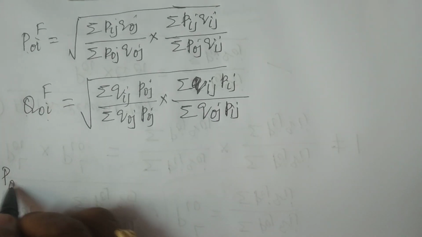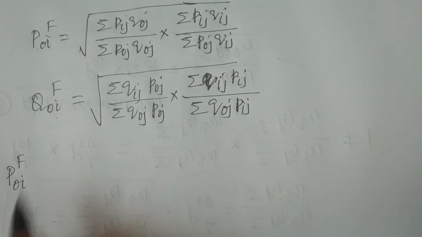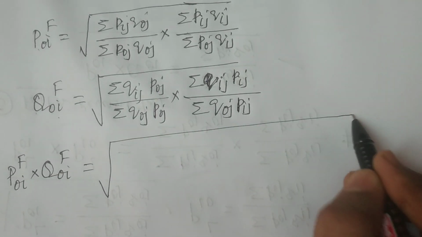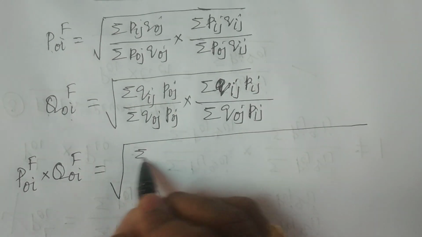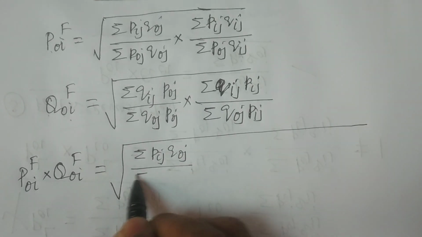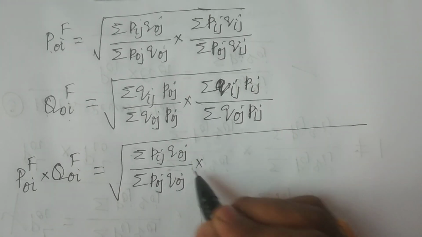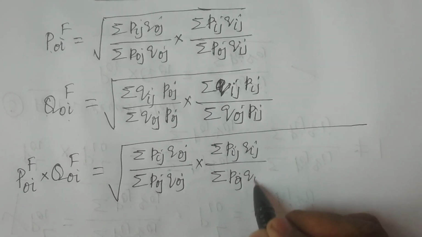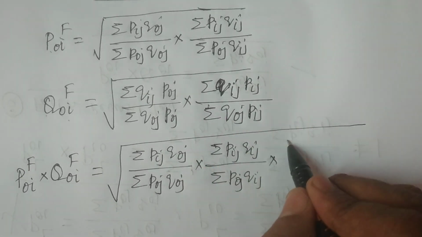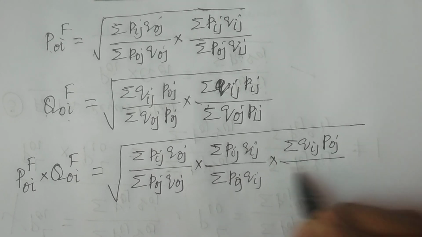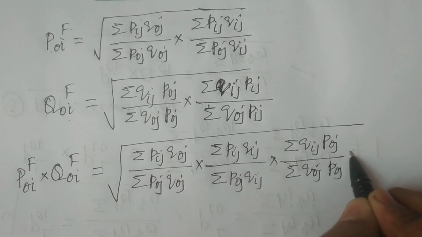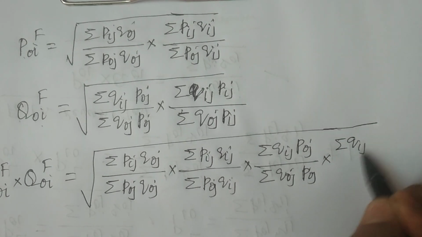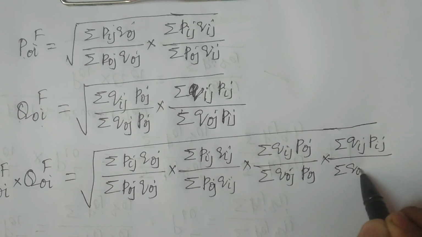If you multiply these two, P0i Fisher multiplied by Q0i Fisher is equivalent to, putting one square root over this, summation Pij Q0j divided by summation P0j Q0j multiplied by summation Pij Qij divided by summation P0j Qij, multiplied by the second one, summation Qij P0j divided by summation Q0j P0j multiplied by summation Qij Pij divided by summation Q0j Pij.